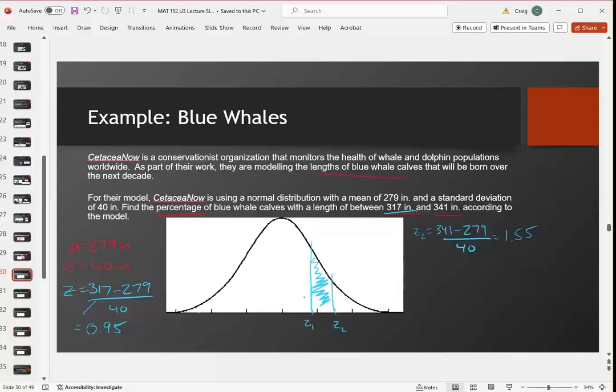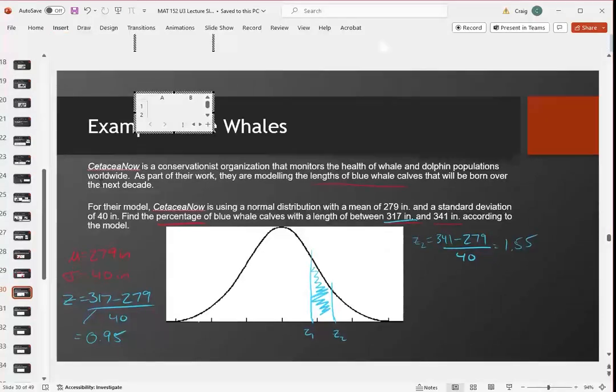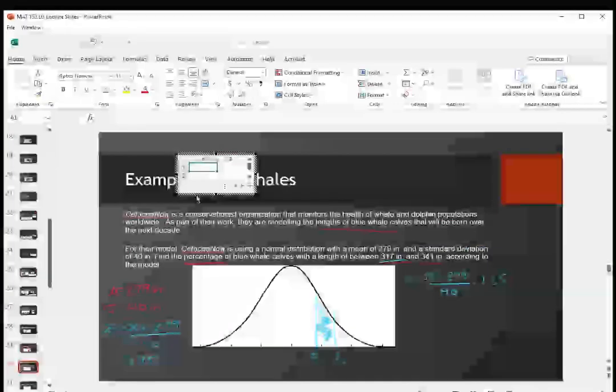Now, if we want the area between, again, we're going to have to either use a table or we can use Excel. Let me show you, we can do this slightly differently in Excel and maybe save a little bit of the questions here.